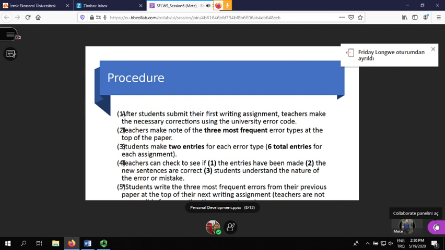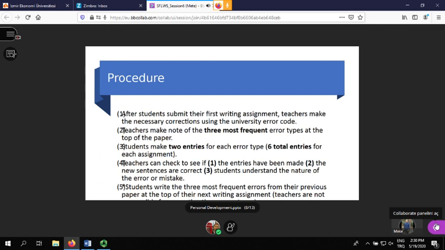Next step, teachers make note of the 3 most frequent error types at the top of the paper. So once you are done correcting, maybe the most frequent error type was wrong word, right? So that would be your first one, WW at the top.